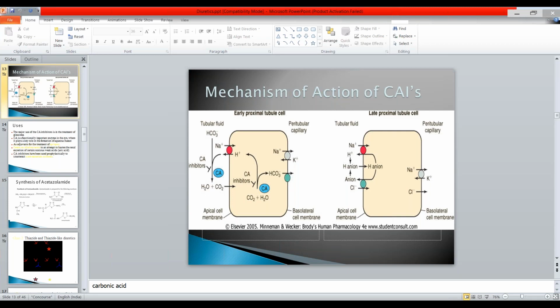Next point in the mechanism of action. They also inhibit the CA at the brush border membrane from producing carbon dioxide.